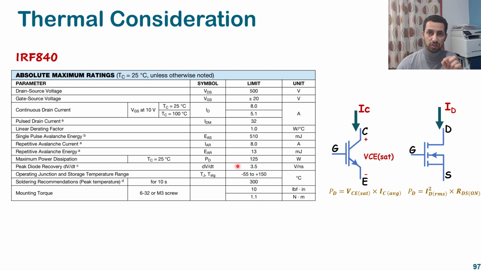That means if my junction temperature, which is inside my transistor, exceeds the temperature in this table, I will damage my MOSFET. So this is my goal and objective: to keep this junction temperature less than 150, and to maintain a good margin, I have to keep it below 100 degrees Celsius, for example.